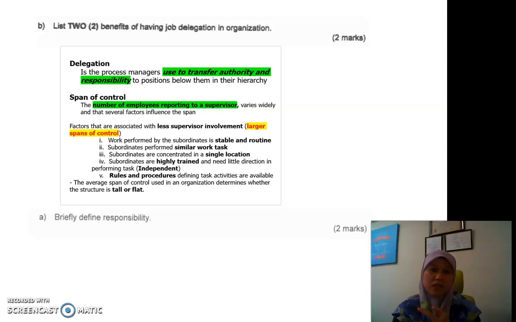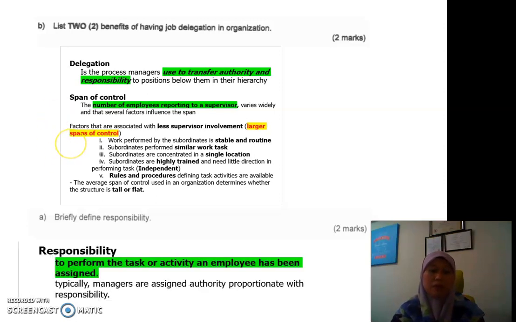The second one is that the workers or the supervisors will have more authority and they will feel they are appreciated by the boss, the top management.